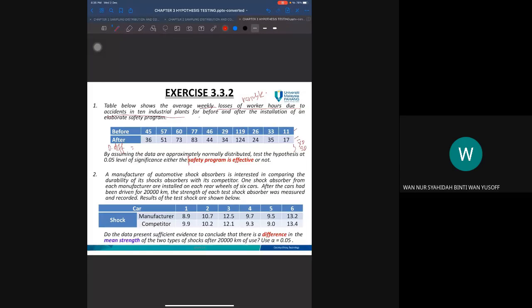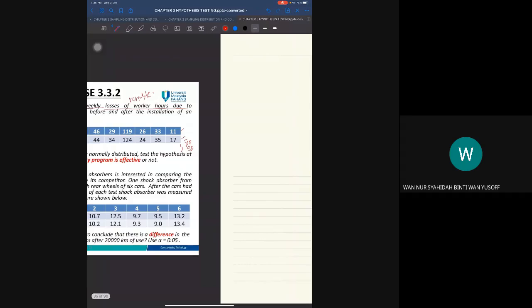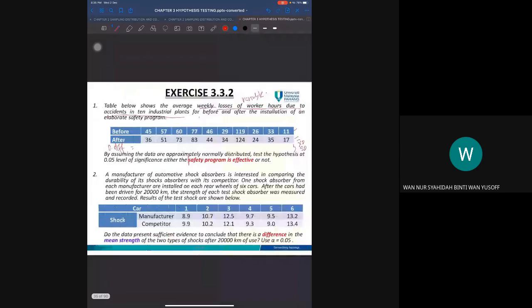That's the keyword. We start formulating the hypothesis as independent, and then we convert into mu D. What happened to the weekly loss of worker hours if the safety program is effective? What happened to this data?